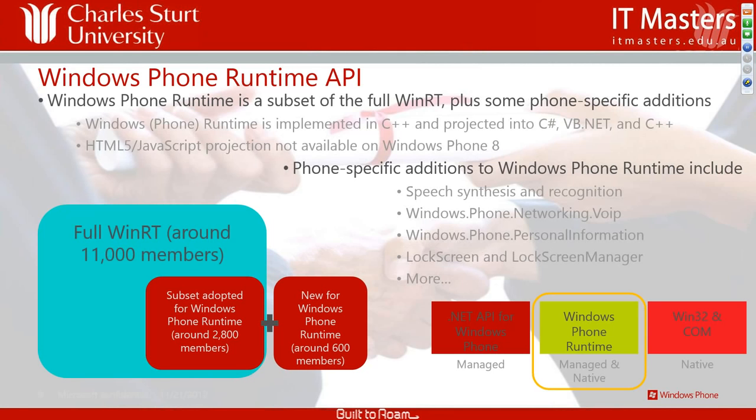Clearly, there's some phone-specific additions to the Windows Phone runtime, so things like support for VoIP and for accessing the lock screen and those types of things. Those types of tasks that are clearly developers will want to have access to from both the managed and the native world.